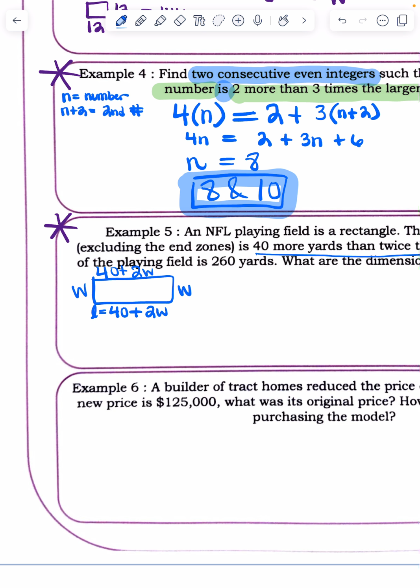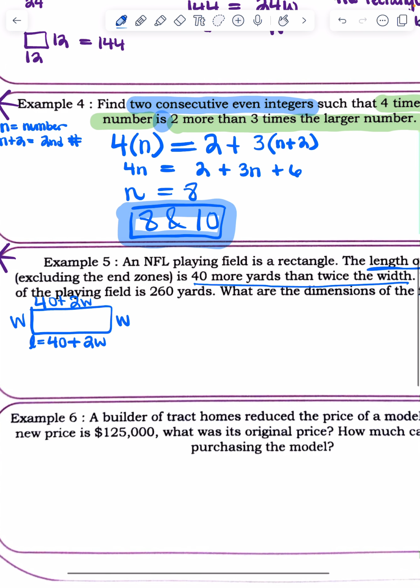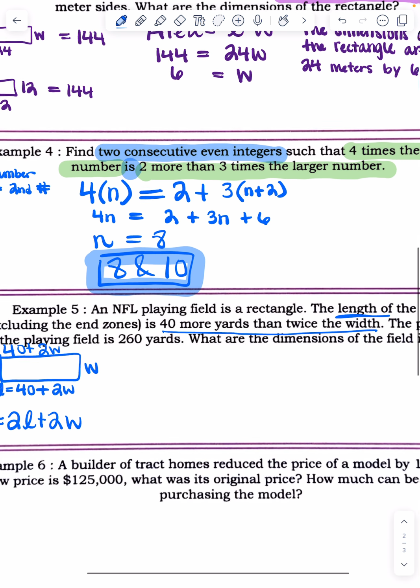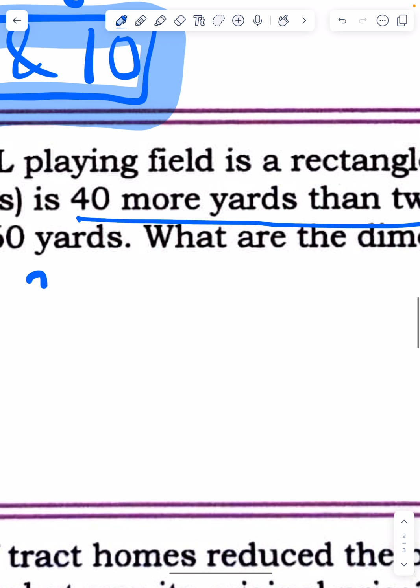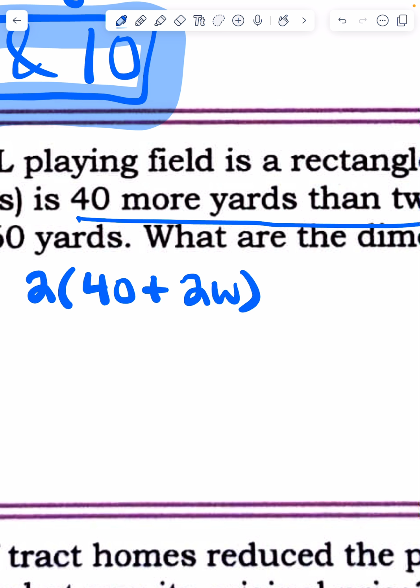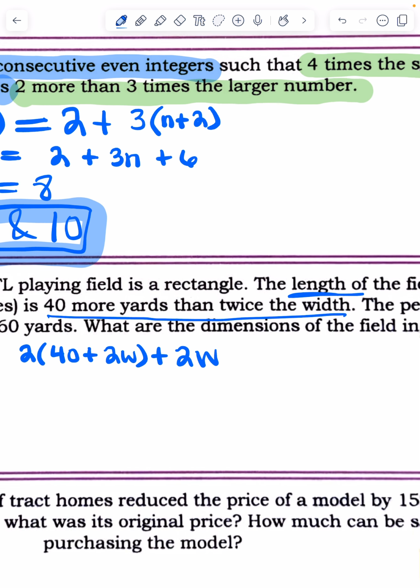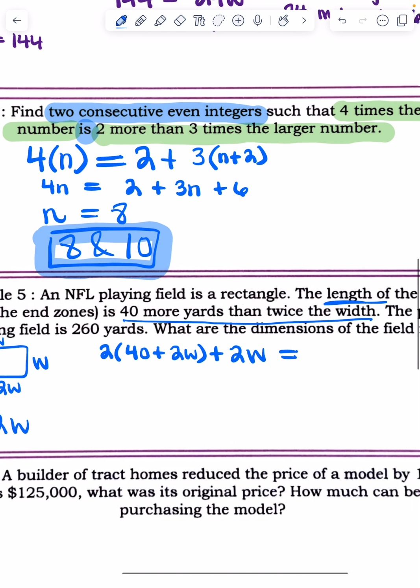You could write out your perimeter, which is length plus width, or if you remember it as 2L plus 2W, 2 lengths plus 2 widths. So instead of adding it the long way, we can say 2 times 40 plus 2w, and then plus 2w equals 260.